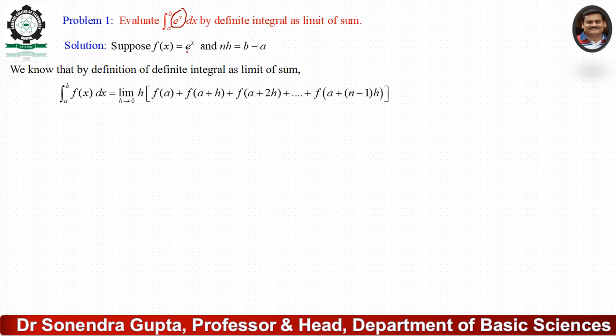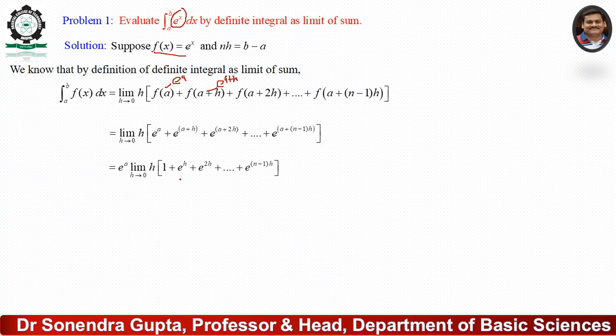Now f of x equals e to the power x, so we get e to the power a, then the next value e to the power a plus h, and the next value e to the power a plus 2h, and then the last value e to the power a plus n minus 1 h. Now e to the power a is common from each term, so we get e to the power a times the limit as h tends to 0 of h times [1 plus e to the power h plus e to the power 2h up to e to the power n minus 1 h].